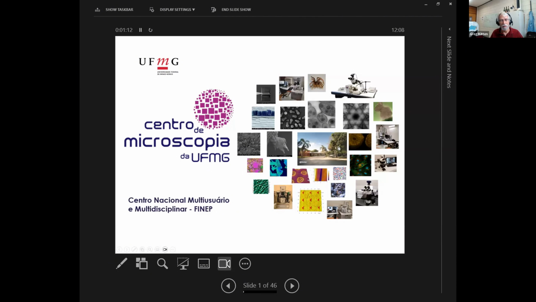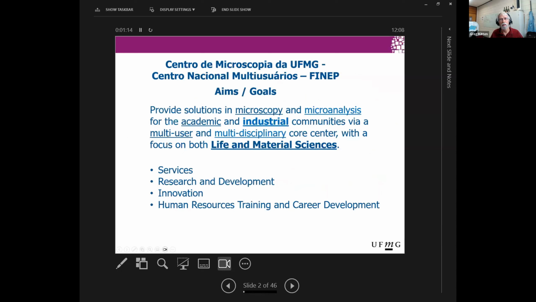So the Center of Microscopy has the goals of being not just a microscopy center. I always have to explain that here. We do a lot of microanalysis, as will be obvious in a few minutes, with a lot of energy dispersive spectroscopy and other electron microscopy. Academic and industrial communities are served. That's what I'll talk about mainly today.